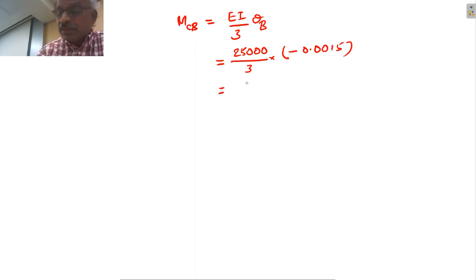That is equal to minus 12.5 kilonewton meter. Right.